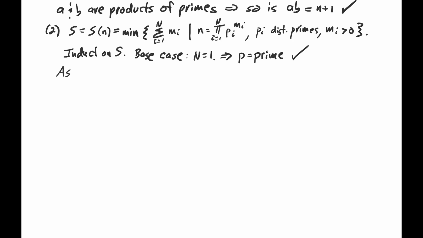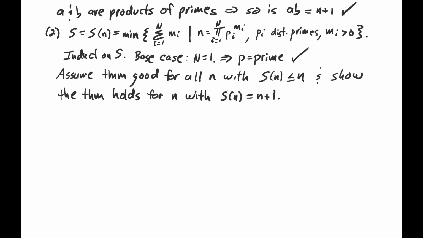Anyway, so now we'll induct on S, so we're going to assume that things are working for all integers n with up to a certain S value. Okay, so assume the theorem works whenever the sum of the exponents in the minimal case is at most n, and show that it works when it's equal to n plus 1.